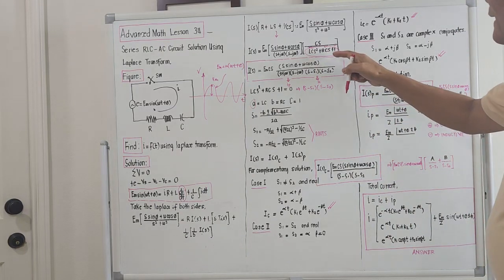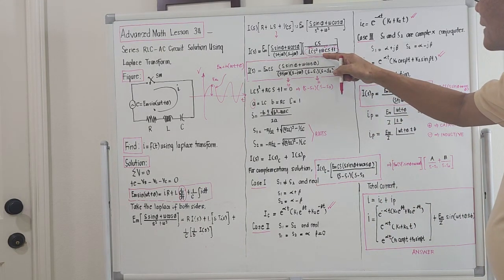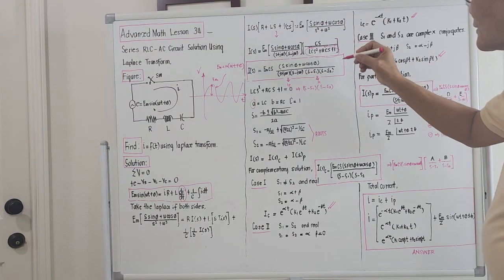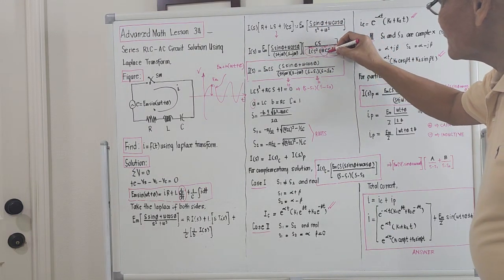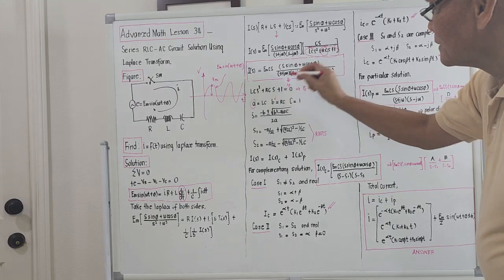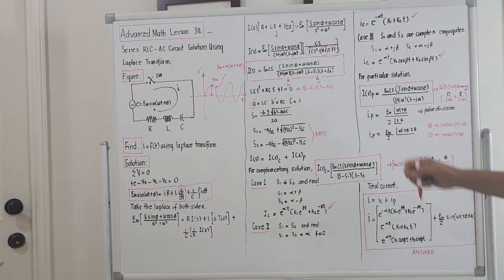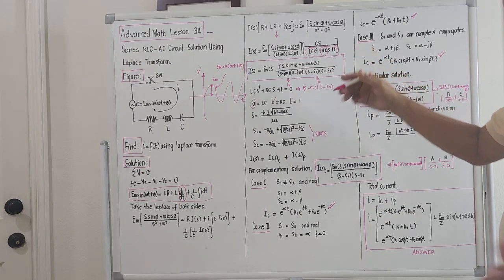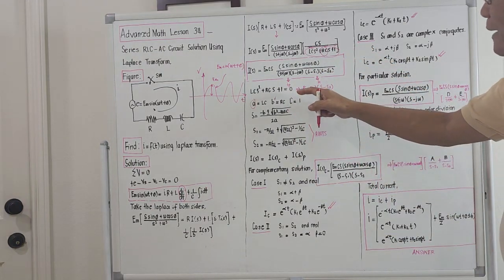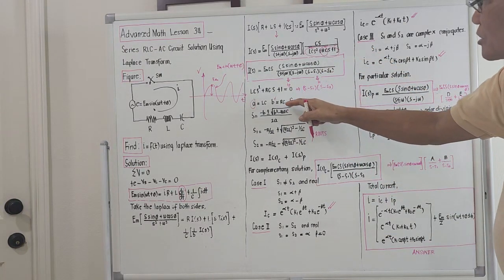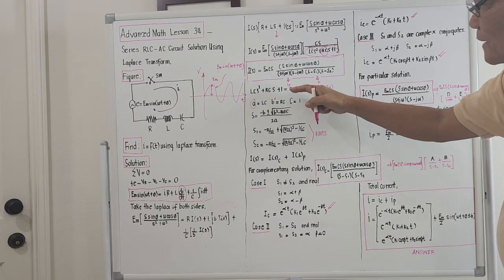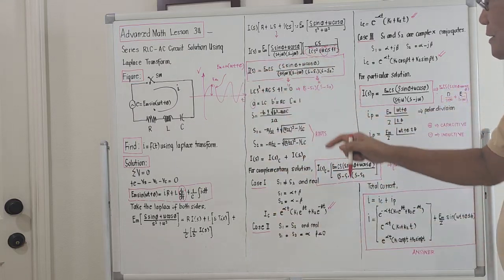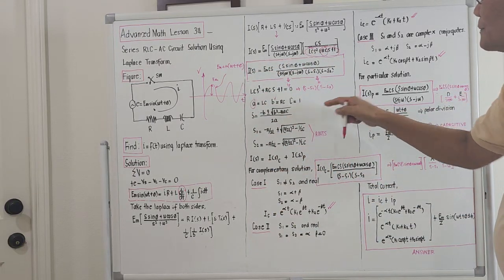R is constant, capacitance is constant, the product of two constants will still be constant, so the product RC is actually B. Plus C. The value of C is actually the pure constant term on the quadratic equation. And I will put capital, this is small c, the capacitance, and capital letter C will be the value of the C on the quadratic equation, that is capital letter C will be equal to 1.